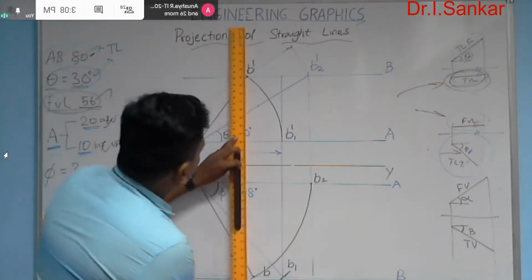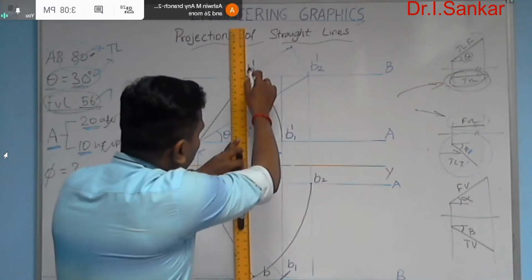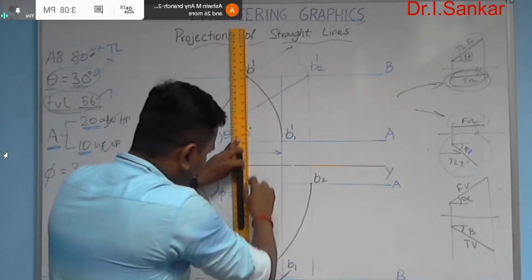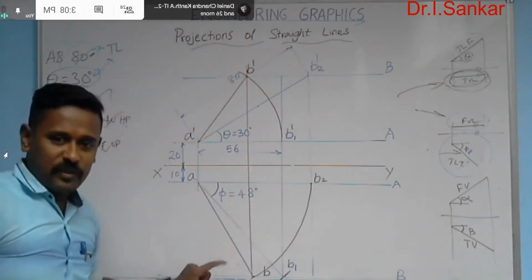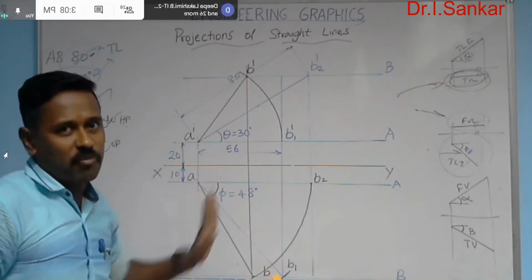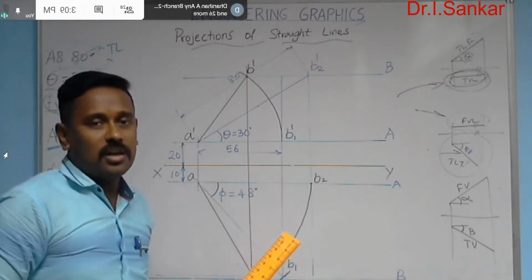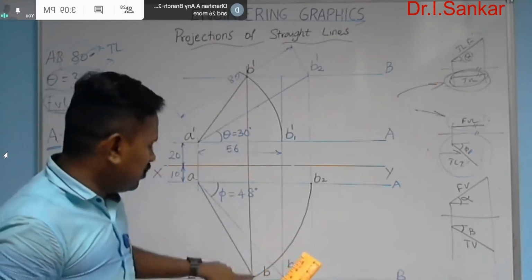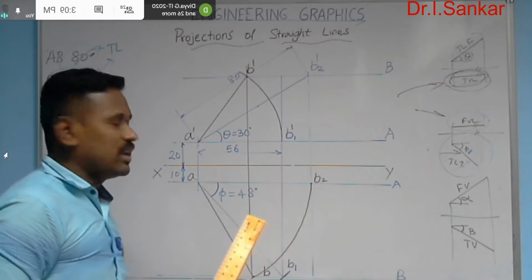And don't forget to draw the projector from B dash. If you draw the projector from B dash, definitely this will intersect with the point B. If it happens, your answer is right. Otherwise, you made some mistake somewhere. You can check whether you have drawn a correct answer or not. When your B dash and B are connected with the same projector, then your answer is perfectly correct.